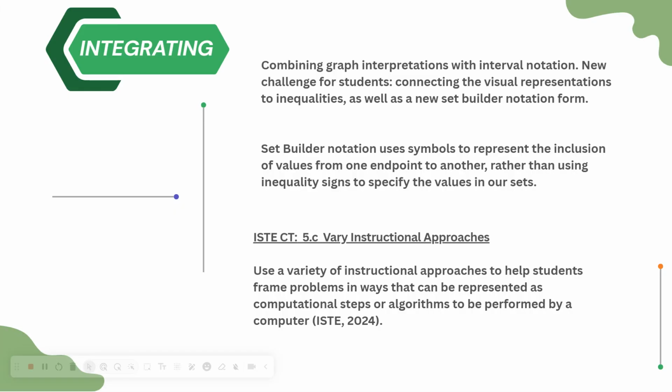This is a wrinkle in our approach, and that's why I chose 5.C as my standard. It's going to frame the problem in a different way. It's performed similarly to inequality signs, but it's just a little bit different, in a form that's new to them that we'll use in college algebra.